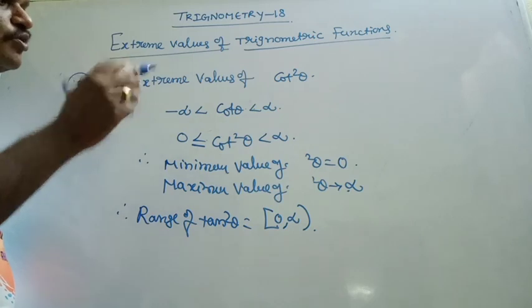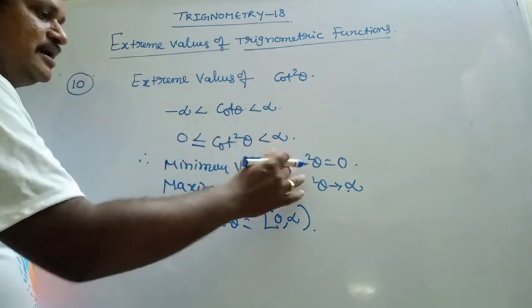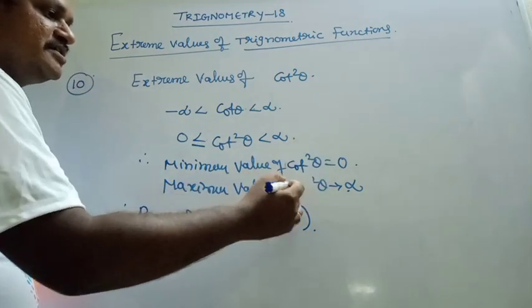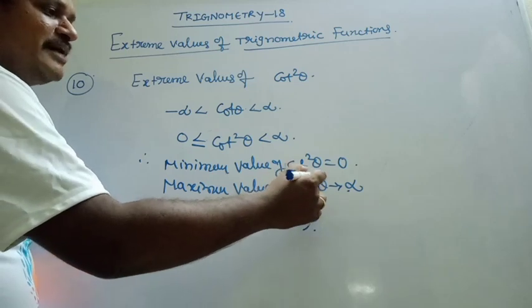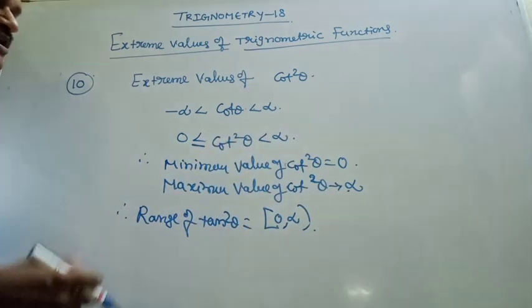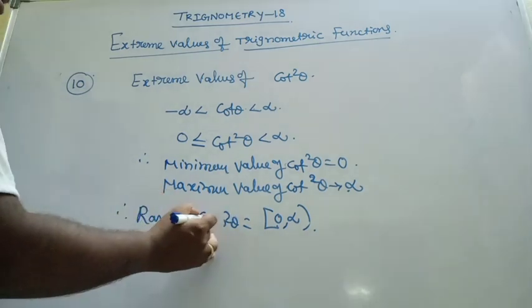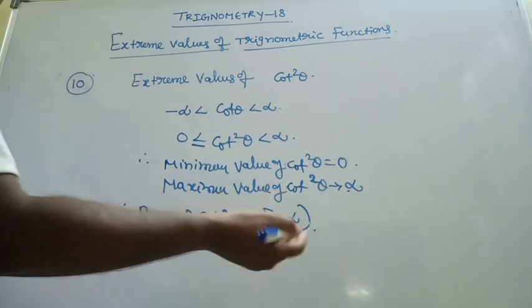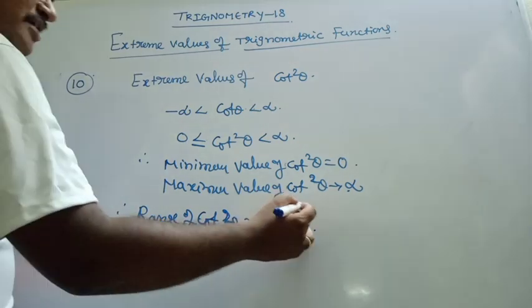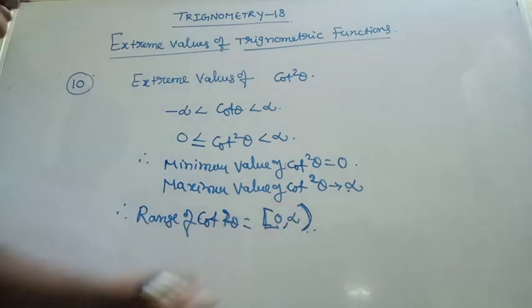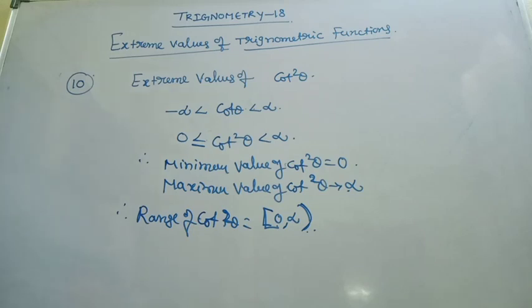Then there is no scope of getting a negative number. The minimum value of cot square theta is 0 and the maximum value of cot square theta will be nearer to infinity. Therefore, the range of cot square theta will be 0 to infinity, where 0 is included and infinity is not included here.